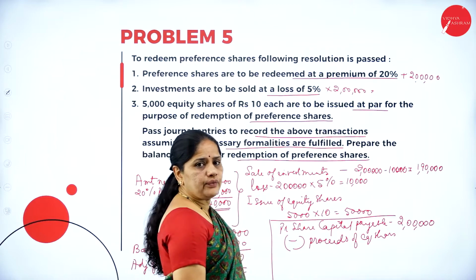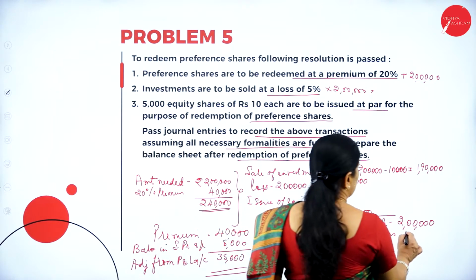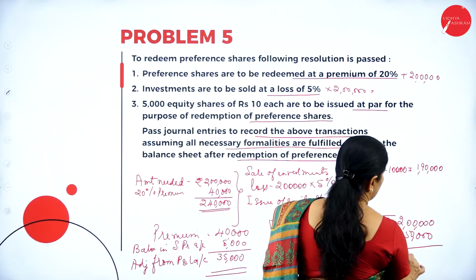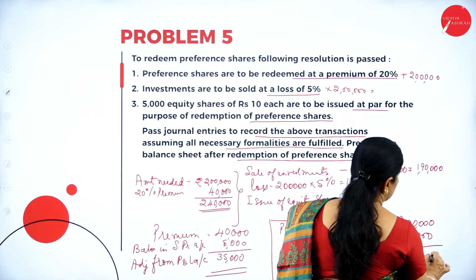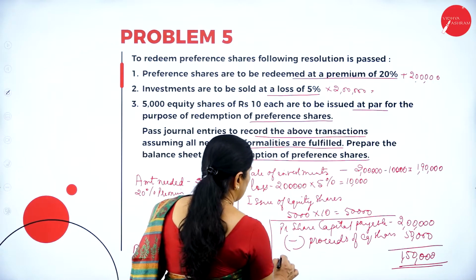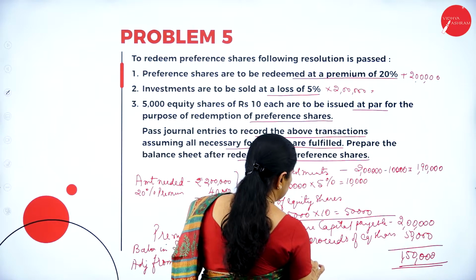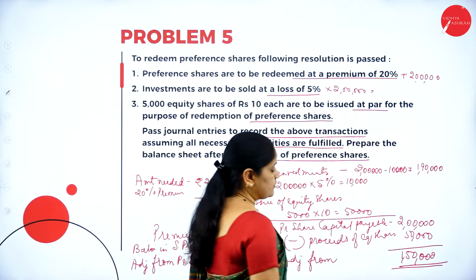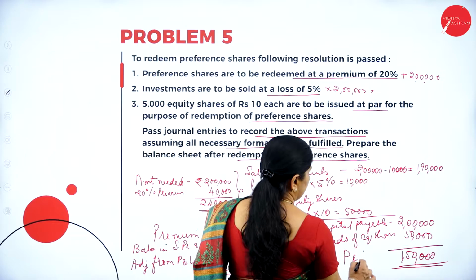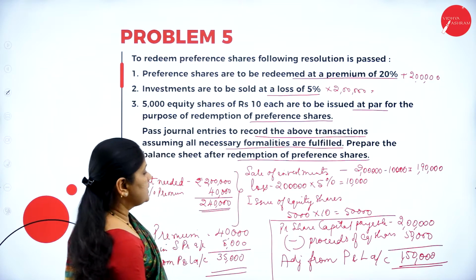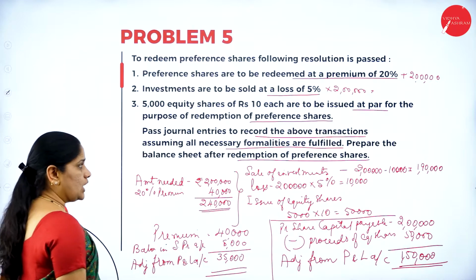So, we are selling equity shares worth rupees 50,000. So, I am having 1,50,000. So, this one has to be adjusted from the profit and loss account. So, this is to be adjusted from the profit and loss account.